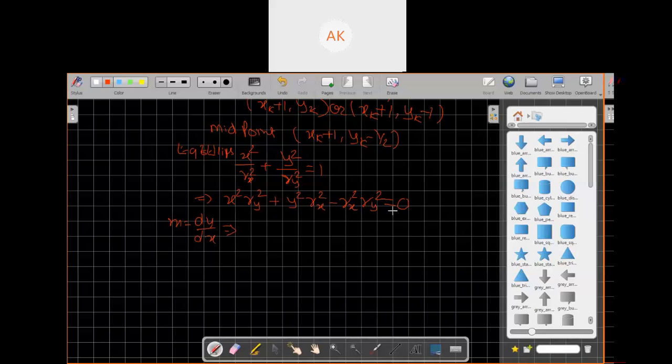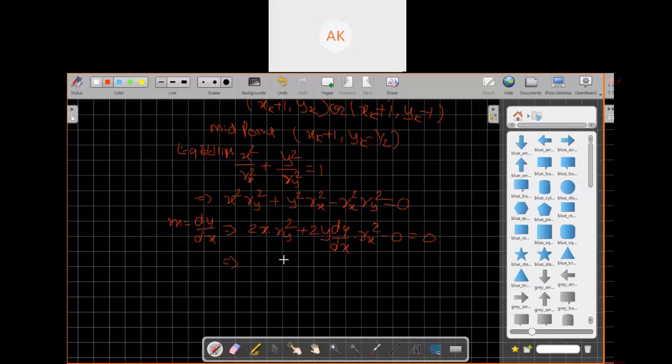So differentiate this equation with respect to x: 2x ry square plus 2y dy by dx into rx square, this is a constant, so it will be 0. Differentiation of a constant is 0, equals to 0.